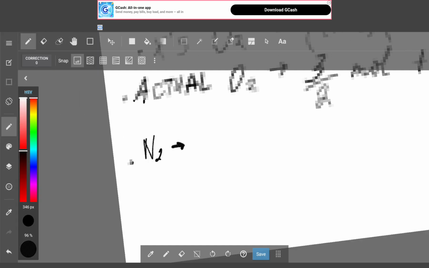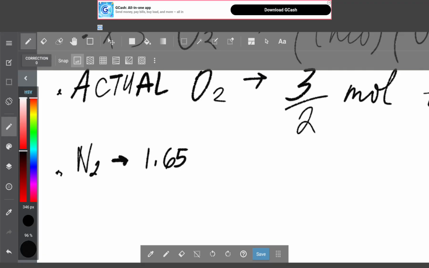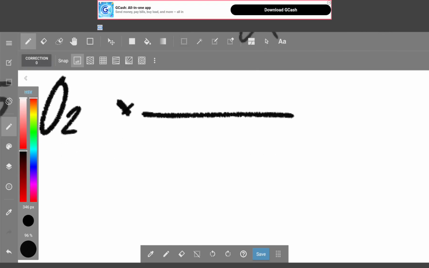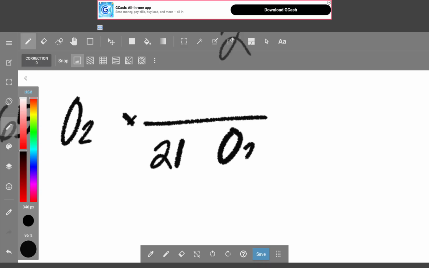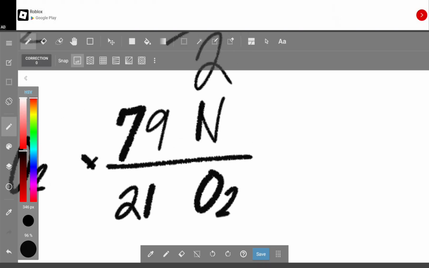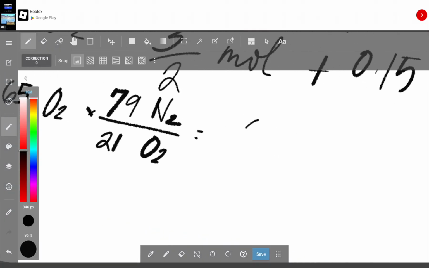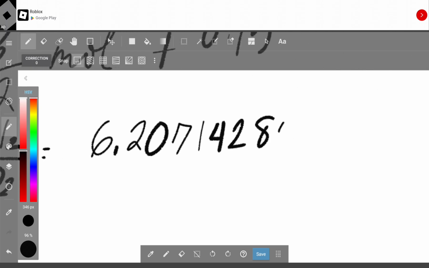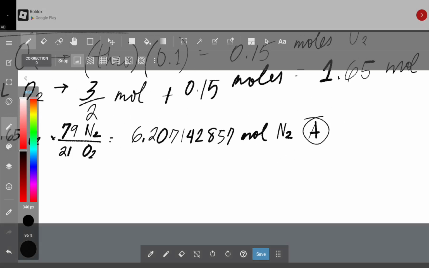So this is just the actual O2, 1.65, I'm not going to write moles because it's hard for me to write, times the ratio of N2 to oxygen, which is 79 moles of N2 per 21 moles of O2. So 1.65 times that, we get 6.207142857 moles N2. We store this because it's a long number.